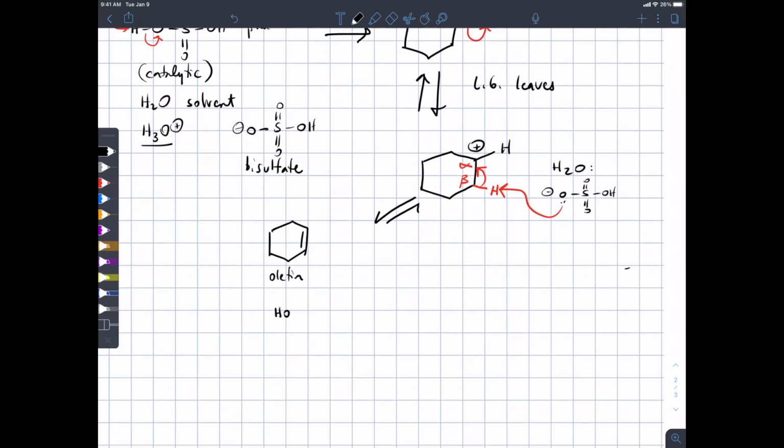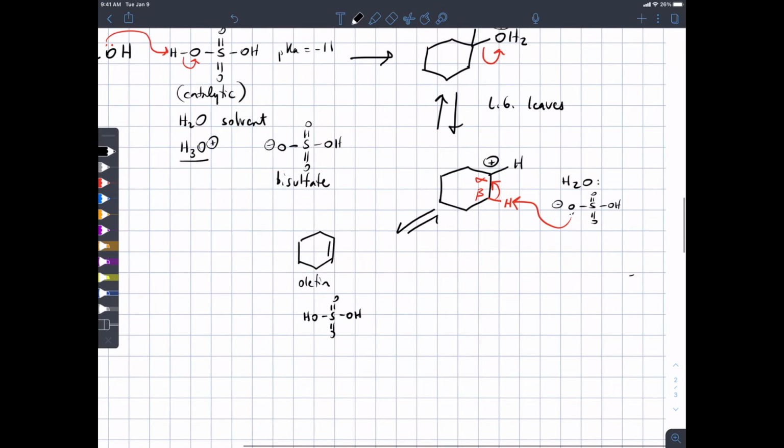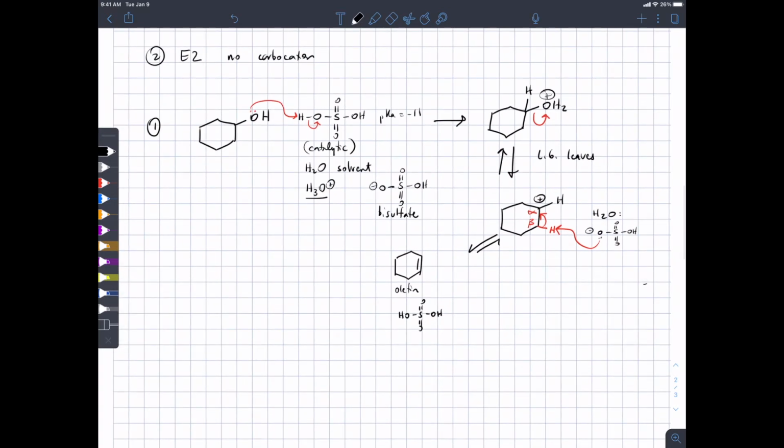Notice you also regenerate sulfuric acid or H3O+, which is how you know that you only need that as a catalyst. Overall, this process exchanges the OH group for the olefin. All right, so it's an elimination reaction because the leaving group leaves and then we remove a beta proton. Question so far?